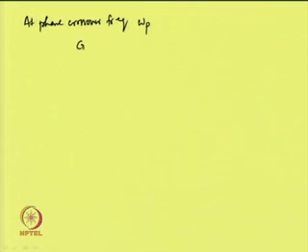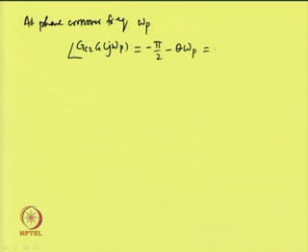The loop gain GC2 G(j omega p) will give us an angle of minus pi by 2 minus theta omega p, which is to be equal to minus pi, because we are considering the phase crossover point at which the loop phase is minus 180 degrees or minus pi.